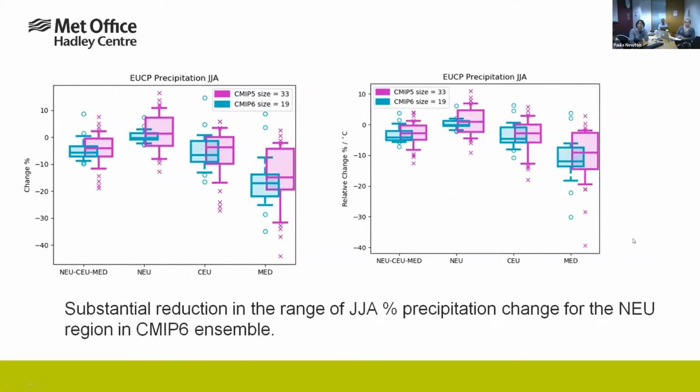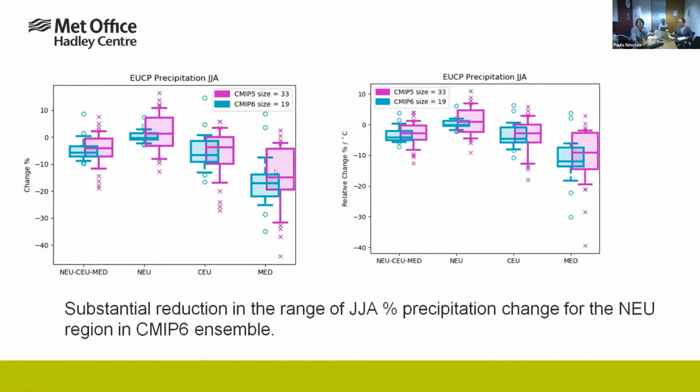Moving on to the summer precipitation, these are the percentage changes on the left. I've got a slightly smaller ensemble for the precipitation because of the available data. The main result here is a quite big decrease in the range of projections for CMIP6 for North Europe, which is a little bit surprising.